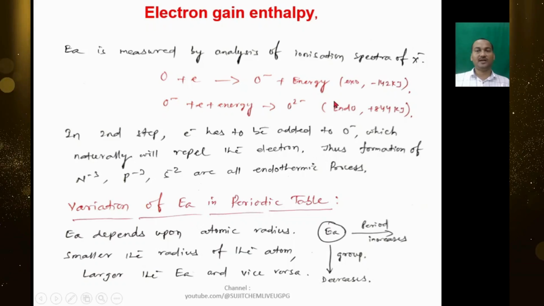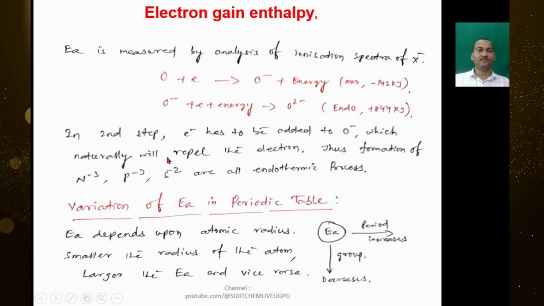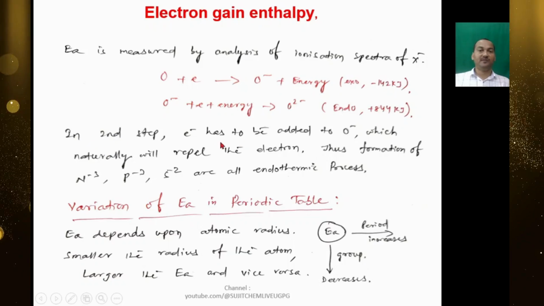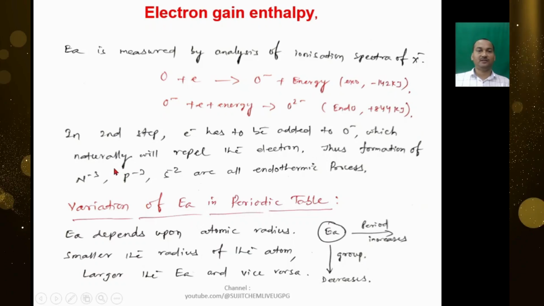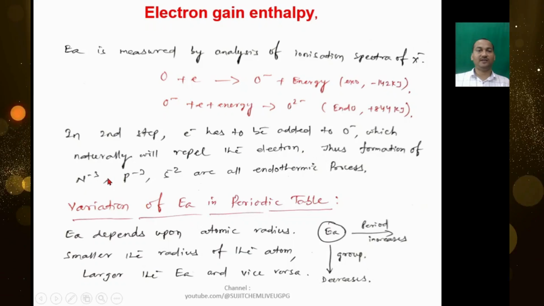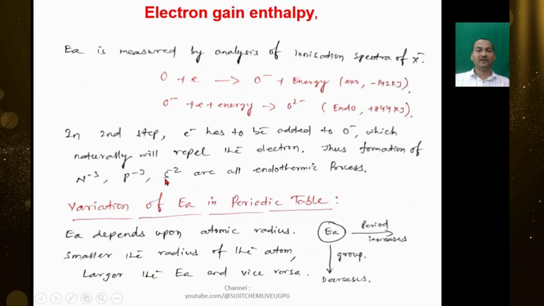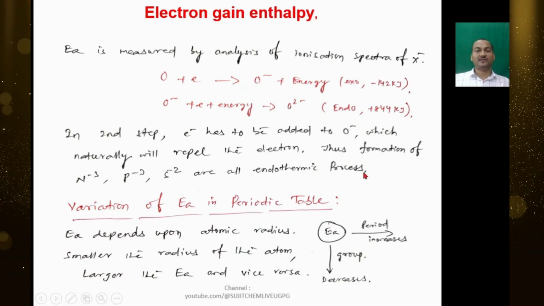This process is endothermic, requiring 844 kilojoule per mole. In the second step, an electron has to be added to O minus, which naturally will repel that electron. Thus formation of N3 minus, P3 minus or S2 minus are all endothermic processes.